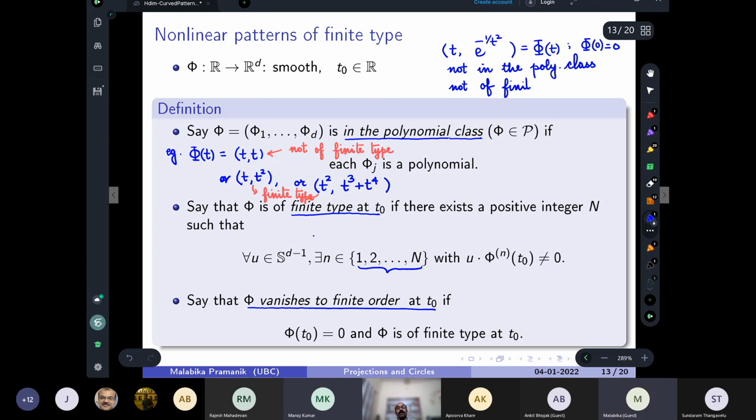And what you said about lying in a lower dimensional hyperplane, that is definitely true for functions phi in the polynomial class. If you have a set of polynomials and they are not of finite type, then this set of polynomials has to be linearly dependent, which means they lie on a lower dimensional hyperplane.